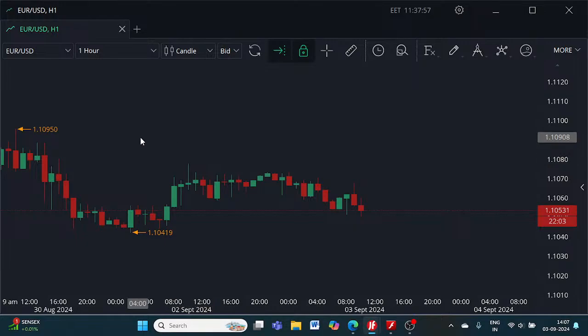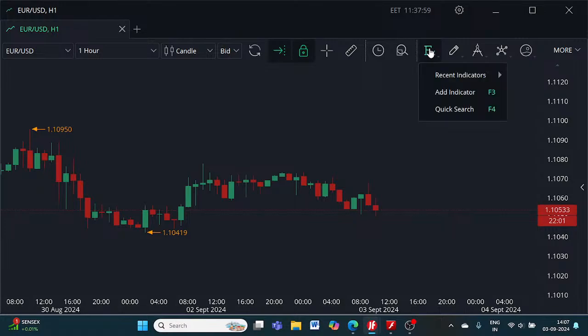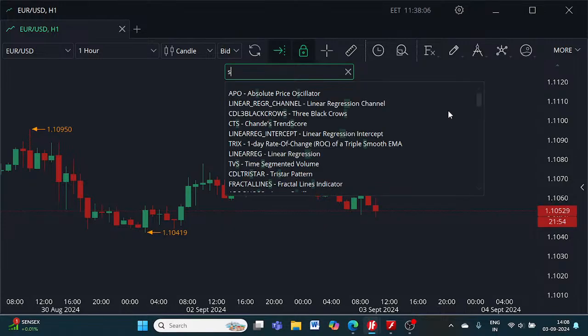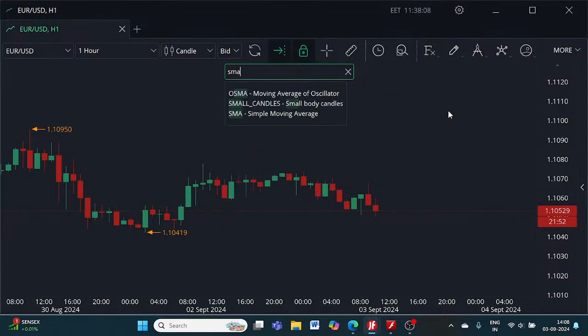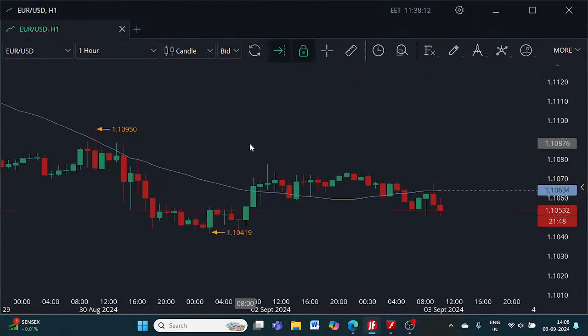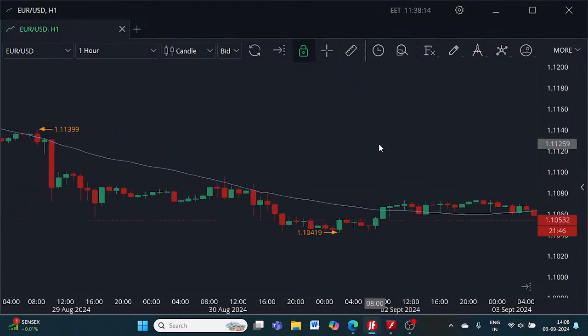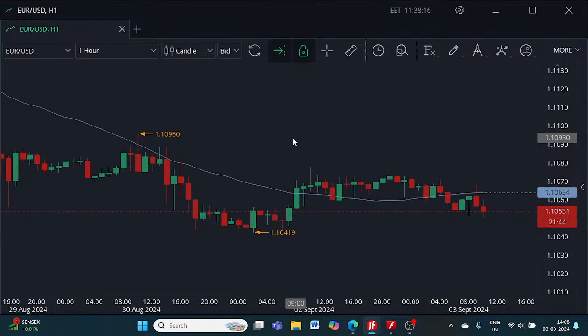Simple moving average, as the name suggests, is a simple indicator. Let me plot it first. SMA, here it comes. This is a moving average, and why it is called moving average, because it changes with each new candle taking shape.